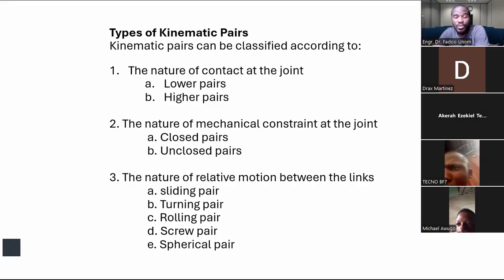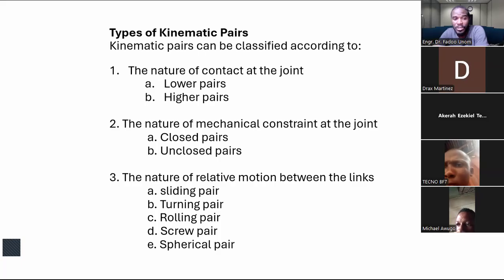We said that they could be classified based on certain criteria. The first criteria will be the nature of contact at the joint. Okay, so we defined kinematic pairs as when you have two links that are joined together such that one allows a relative motion with the other, or one moves relative to the other in a defined fashion.